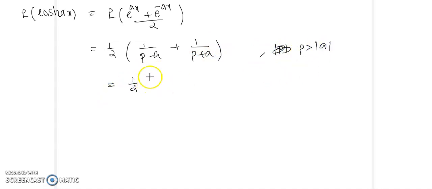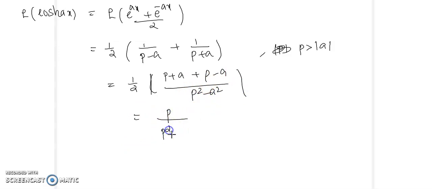So that will be 1 by 2 [(p plus a plus p minus a) by (p square minus a square)]. So you will get 2p by 2, so p by p square minus a square, where p is greater than mod a. So that is the required result.